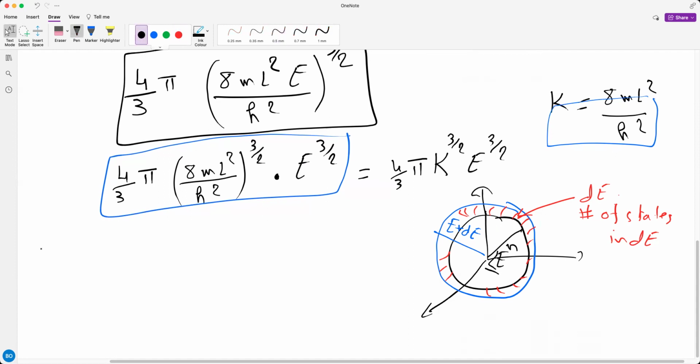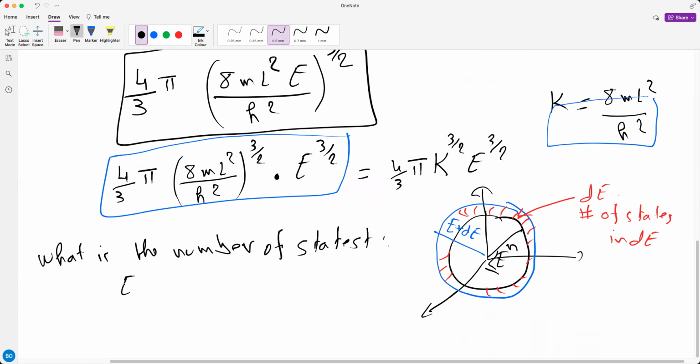So how do I do this? Let's calculate the first thing. What is the number of states that have energy below E plus dE?